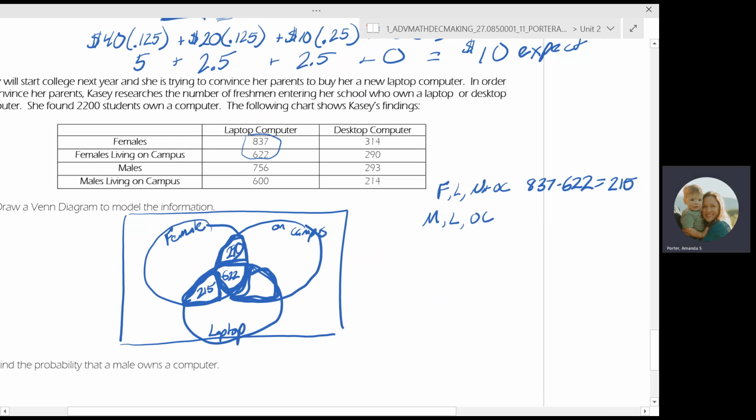Males with a laptop on campus is 600. That's straight up in the chart. Now, as you can see, I've filled in 4 sections. I have 4 more sections to go.